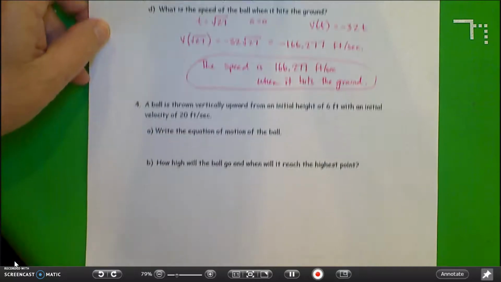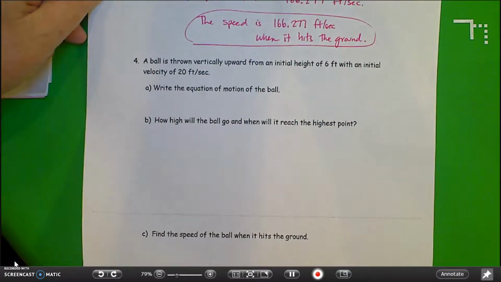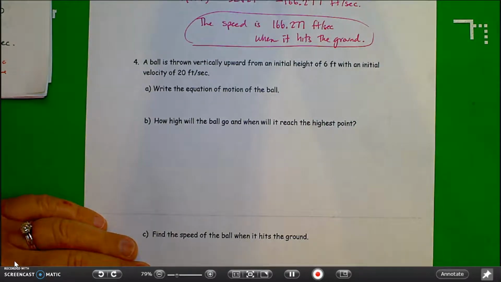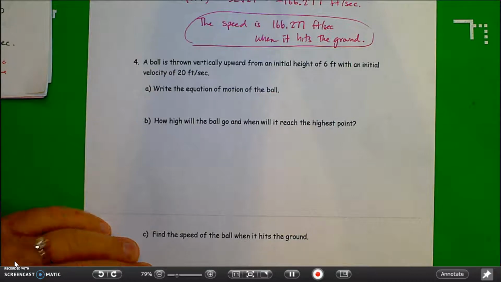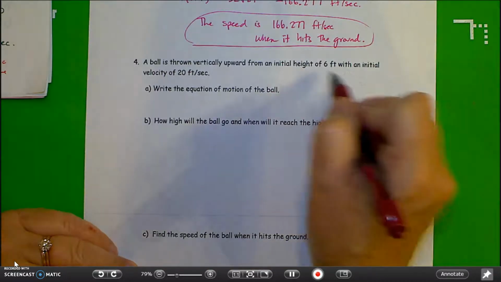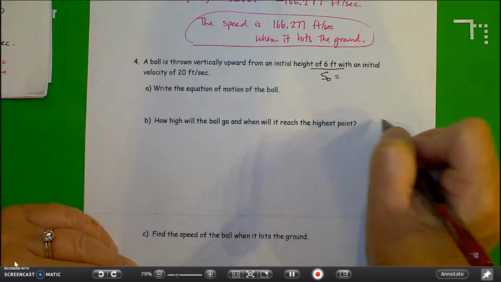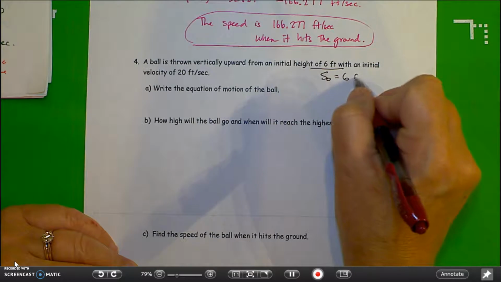Okay, here's the next problem. A ball is thrown vertically upward from an initial height of 6 feet with an initial velocity of 20 feet per second. We want to write the equation of the motion of the ball, first of all. So if the initial height is 6 feet, that's going to be initial position, 6 feet.